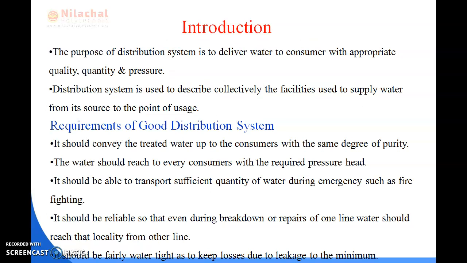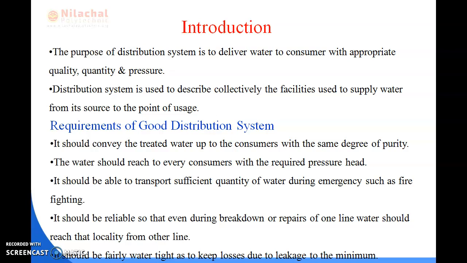So in the requirements of a good distribution system, first we have to convey the water to the consumers with the same quantity, quality and same pressure, and the water should reach every consumer with the required pressure.